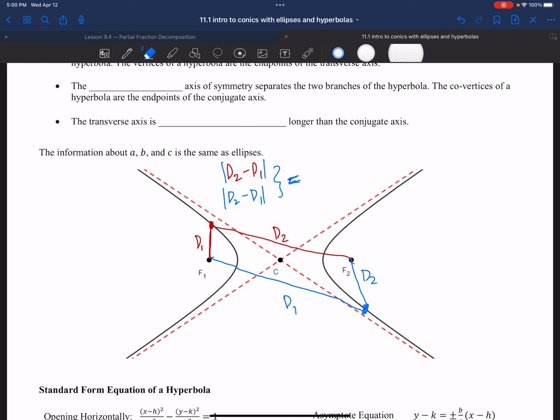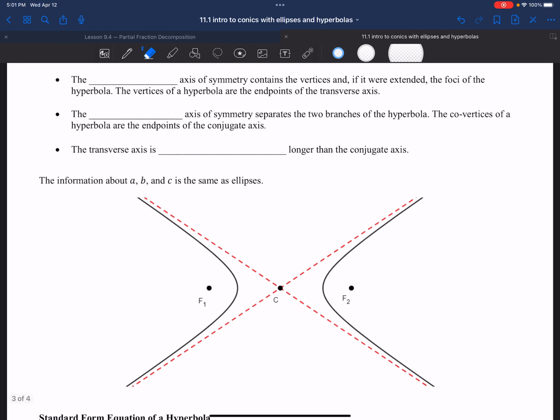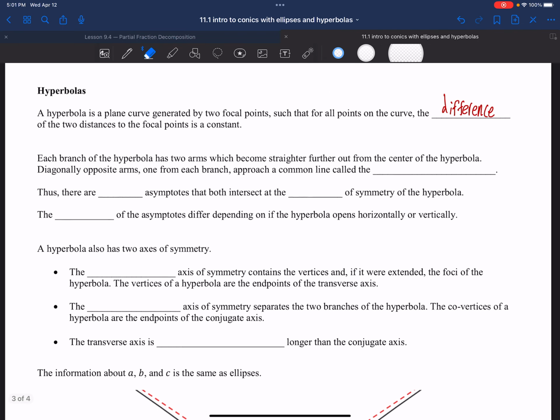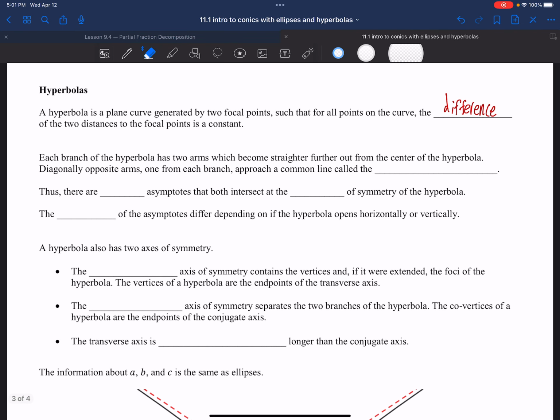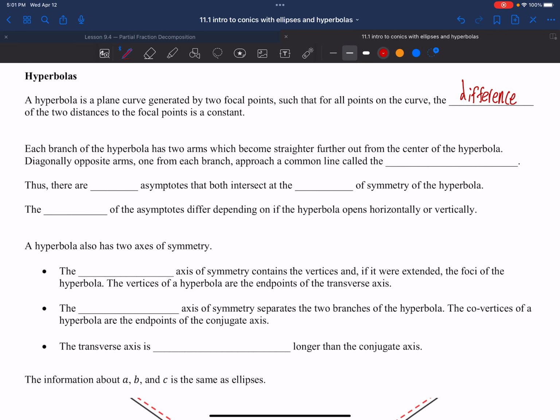the difference constant. All right, that was a little bit harder to visualize, and I will link some videos in Schoology for you to check out that are just excellent explanations on that. All right, so, things about hyperbolas. Each branch on a hyperbola has two arms, which become straighter further out from the center of a hyperbola.